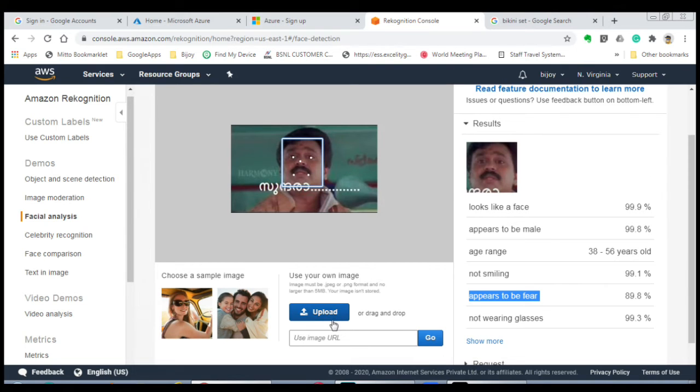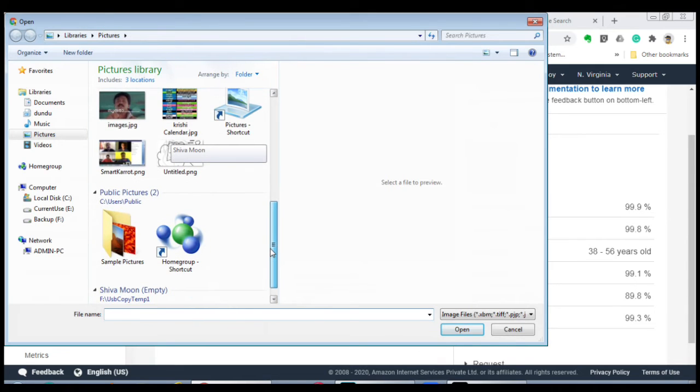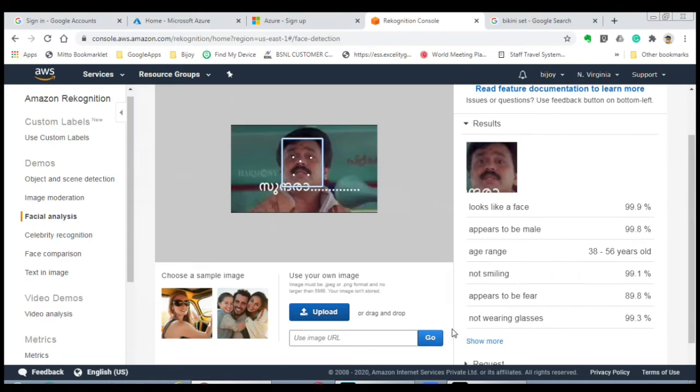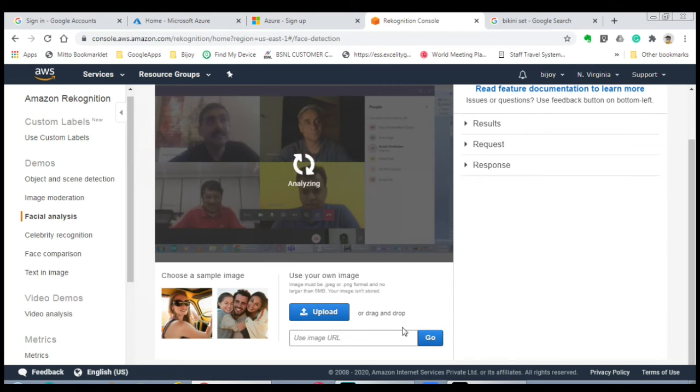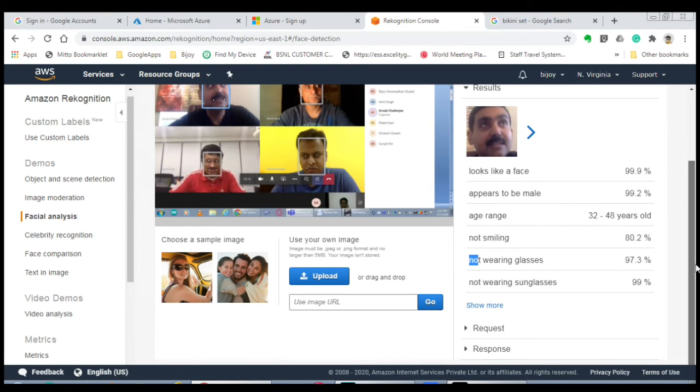Let me try one more image from my Outlook. It's a flat expression, right? So basically it hasn't qualified to be classified as anything, but it has put 80% probability on not smiling.